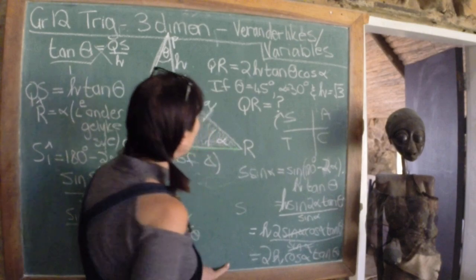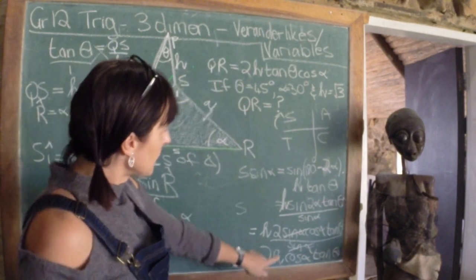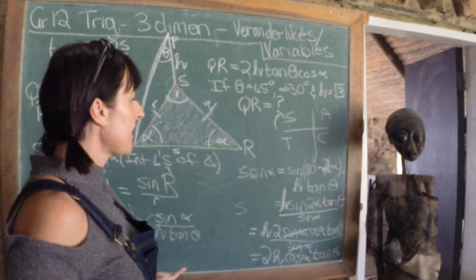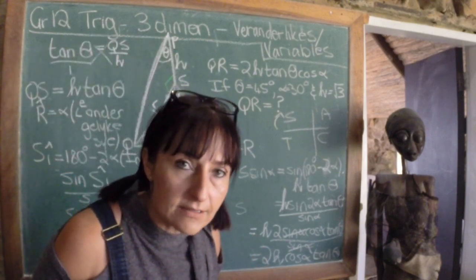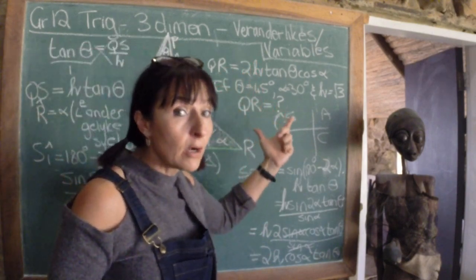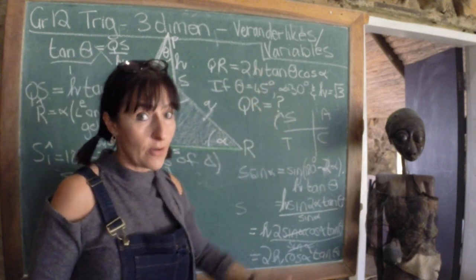Now I can go to my answer, make sure that it's exactly the same, it is dieselfde, and I've proven it. So now I can only check my answer, I can't work with the answer.